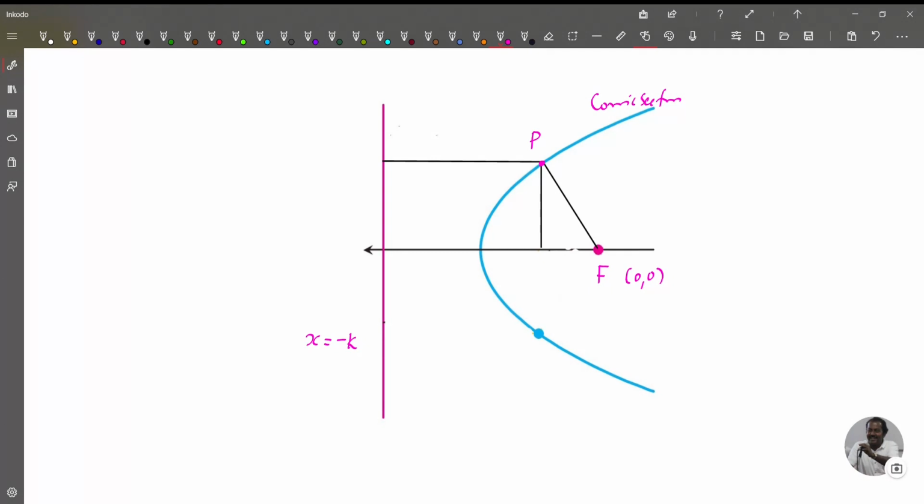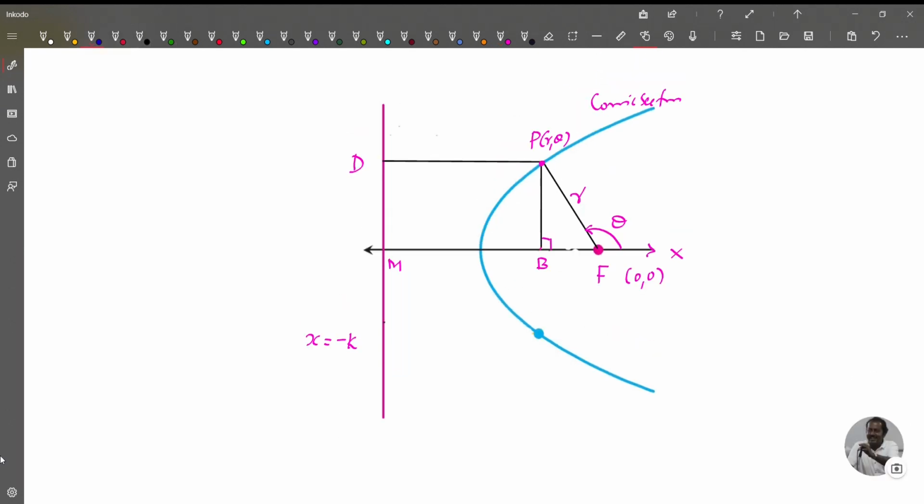Let PD be parallel to the x-axis, and suppose the x-axis meets the directrix at M. Drop a perpendicular PB to the x-axis. Suppose r, theta is the polar coordinate of the point P, so this angle is theta and this length is r. These are the given things.